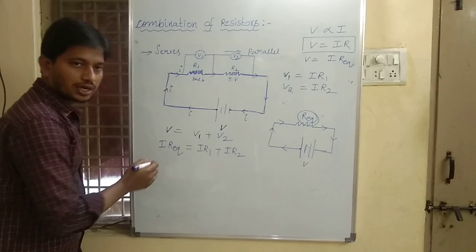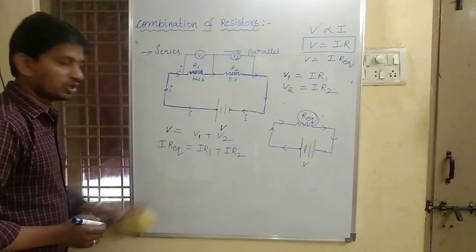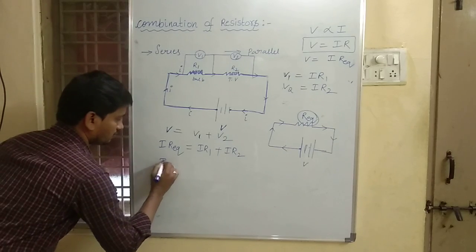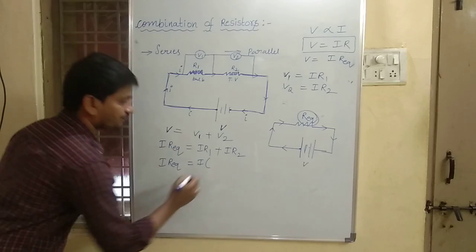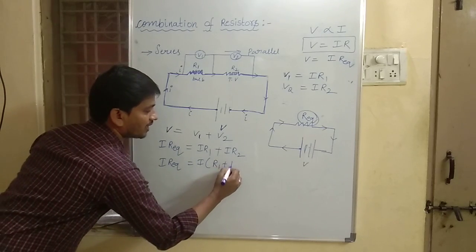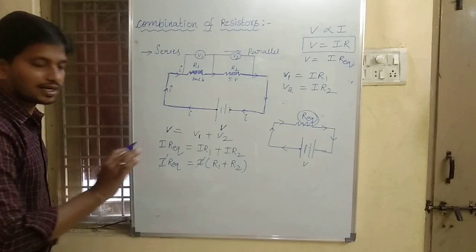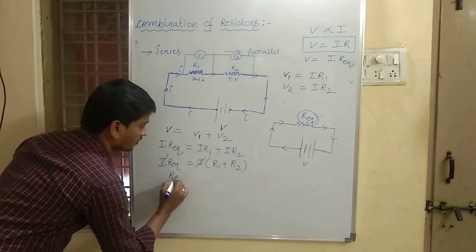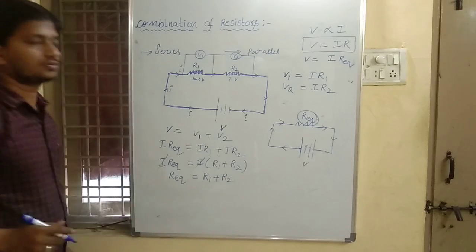You can observe here I is common in both the terms. So I R equivalent equal to I times R1 plus R2. I gets cancelled. So R equivalent equal to R1 plus R2.